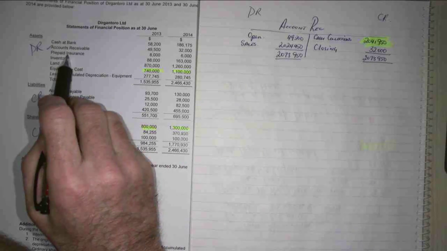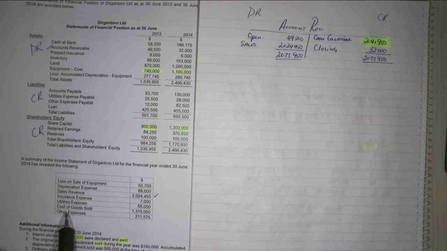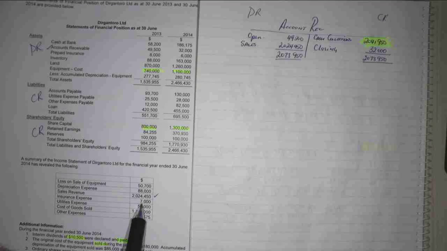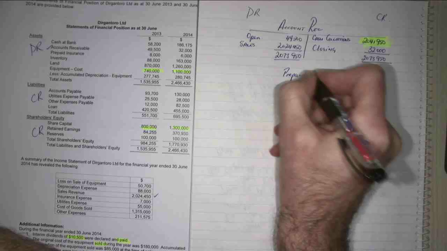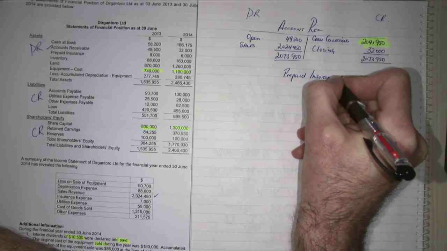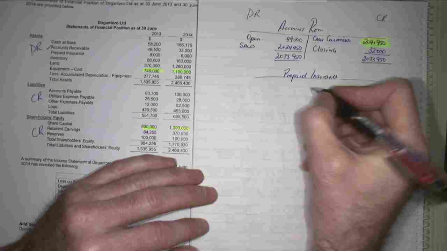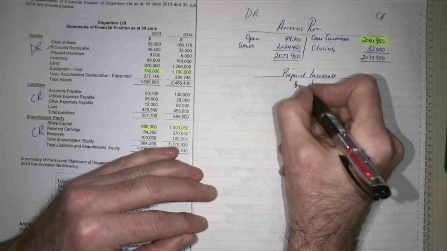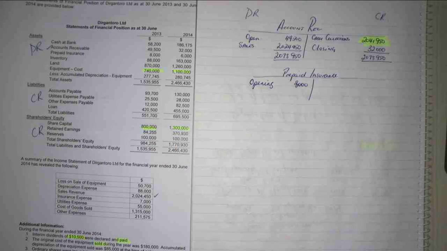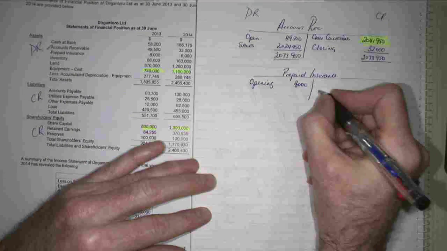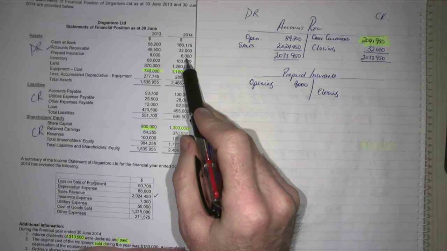Alright, next one is my prepaid insurance. I've got an insurance expense here, so let's do prepaid insurance. It has an opening balance of $8,000 and a closing balance of 6,000.